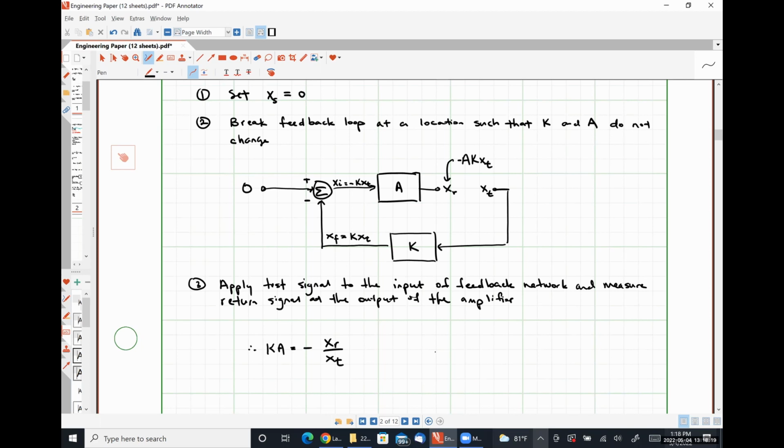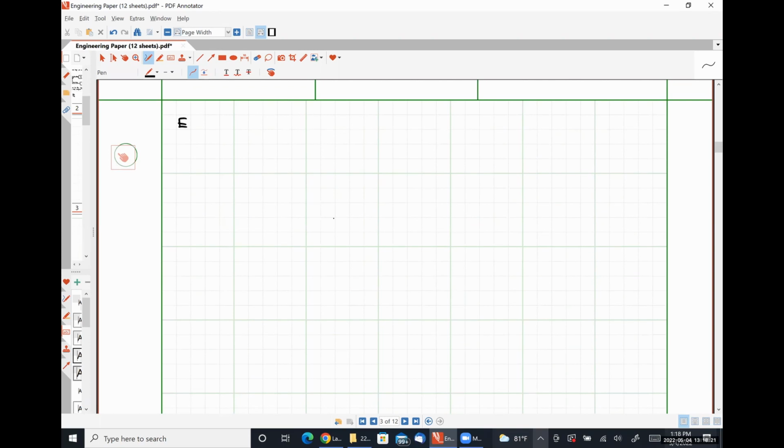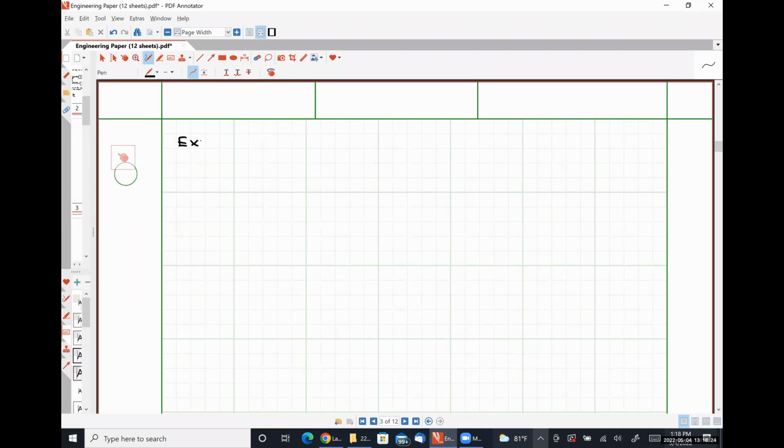So let's say that we have the following op-amp circuit. This is our source, Vs. We might have some source resistance, Rs.